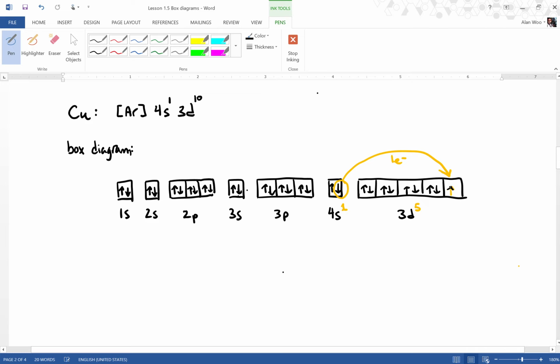So this one I'm going to turn into black, and this one is the one that we promoted. So this, in fact, is 3d10. Okay.